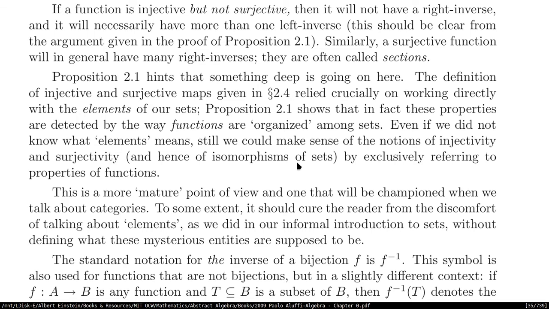Even if we did not know what elements mean, we could still make sense of the notion of injectivity. Those are properties of the sets, by exclusively referring to the properties of the functions.